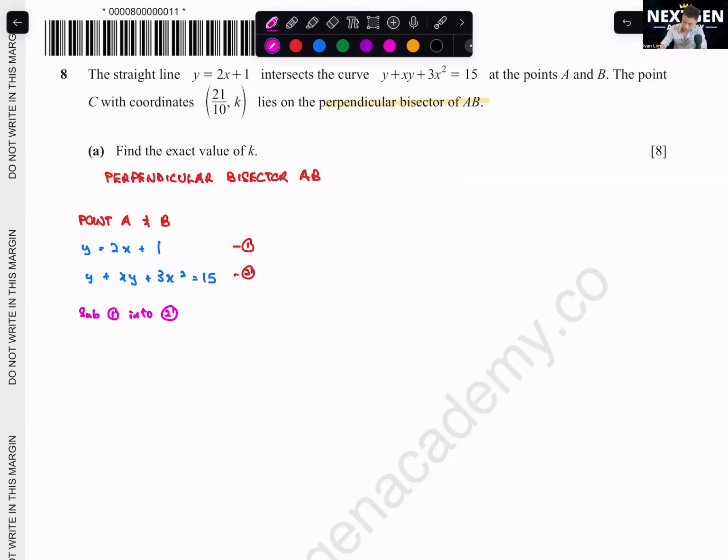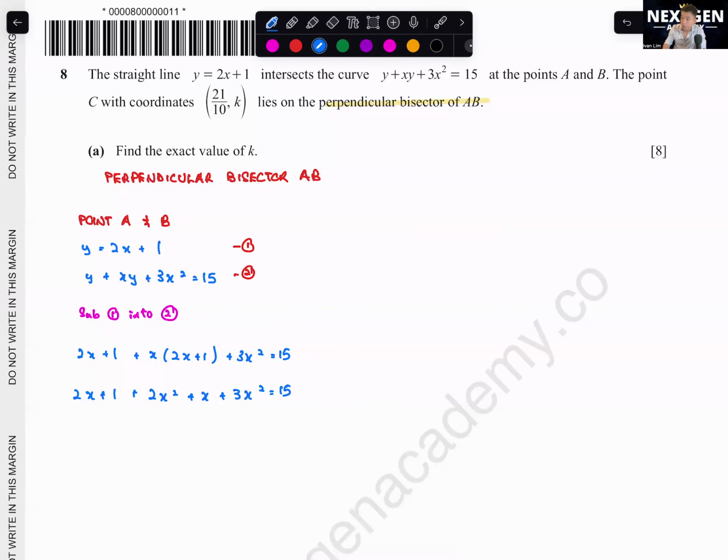Pretty long, this question. Not very hard, but just very long. Sub 1 into 2, we will get 2x plus 1 plus x(2x plus 1) plus 3x squared equals 15.